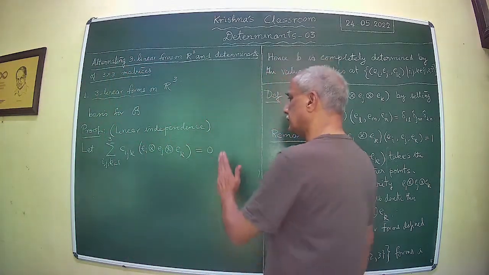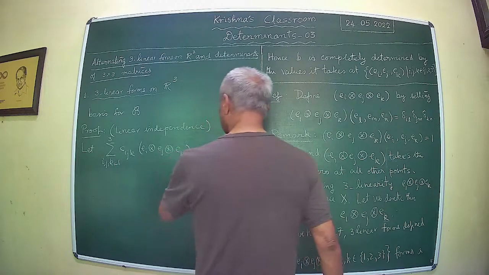Now we are assuming that this trilinear form is equal to 0.